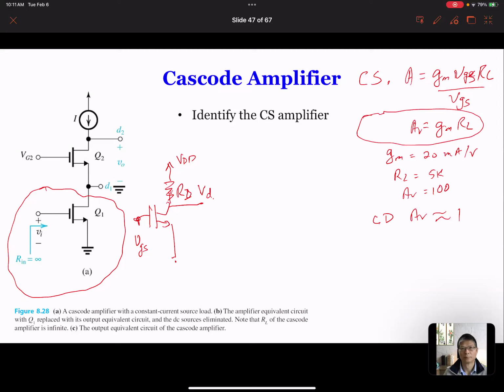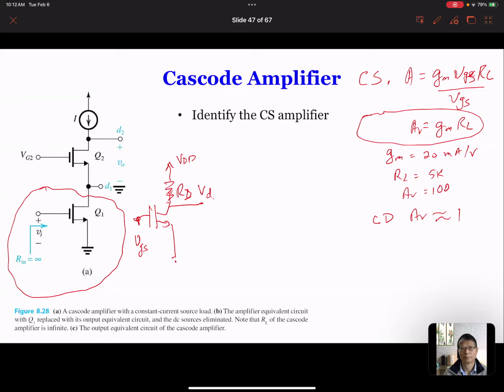But here we replace the resistance with a kind of current source. Of course, Q2 can be considered as a current source, but there's also another current source, like the one we built from the current sources that we discussed earlier in this chapter. So what we're doing is we can basically look at the drain circuit, and we can find what the total gain is for this circuit.